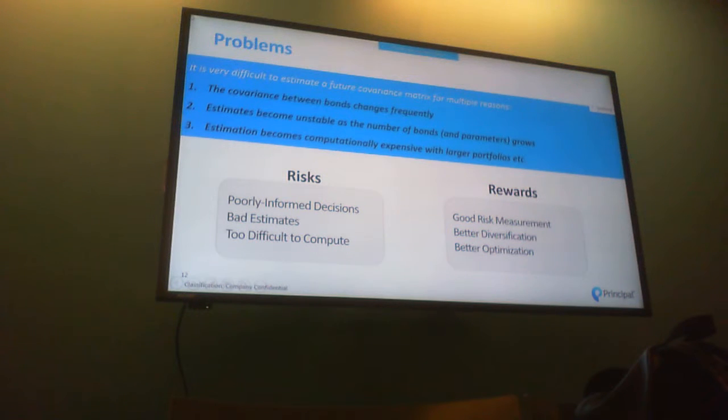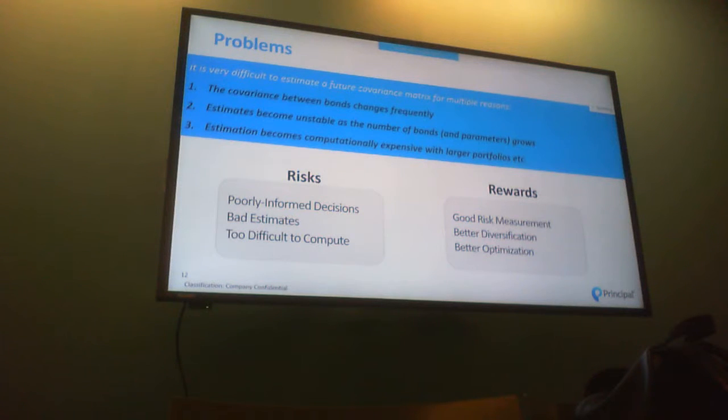Okay, sure. It is difficult to estimate the future covariance matrix for multiple reasons. First, the covariance between bonds changes frequently. Second, the estimate becomes unstable as the number of bonds grows. And third, the estimation becomes computationally expensive with a large portfolio.